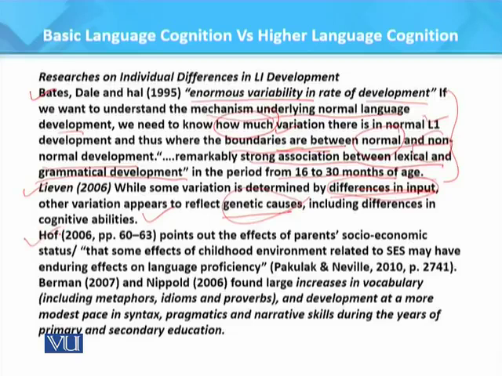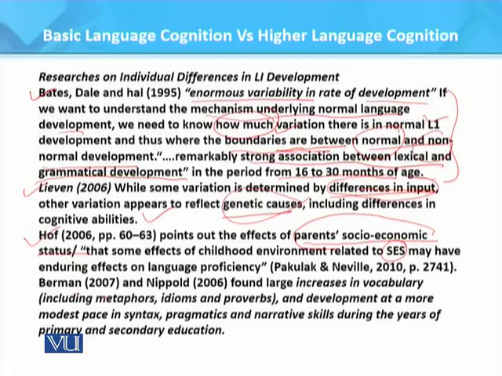Hoff points out the effect of parents' socioeconomic status, that some effect of childhood environment related to socioeconomic status may have an enduring effect on language proficiency. So the socioeconomic status of parents can contribute to the development process. For example, input from a low family background or input from a high-status family background does have enduring effects on language proficiency.